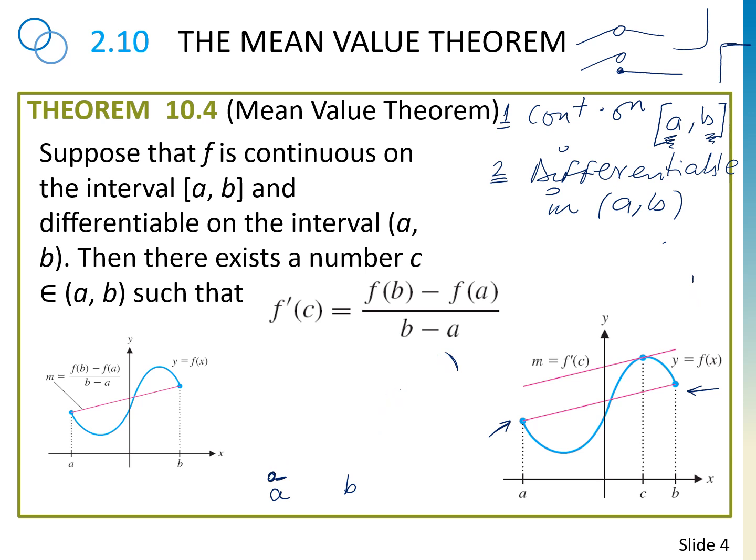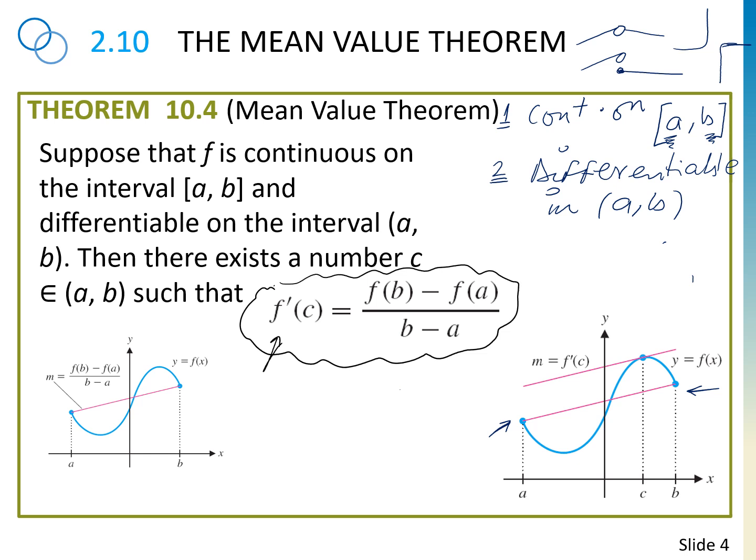Now, if the two conditions of the mean value theorem are fulfilled, then there must be at least one point where the derivative, the instantaneous rate of change or the slope of the tangent line, is equal to the average rate of change, or the slope of the secant line.